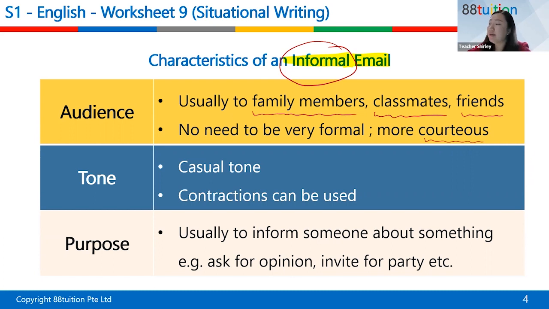By informal, you can use a casual tone. You can use contractions. So what are contractions? For example, she is, I can change it to she's. Would have, I can change it to would've.